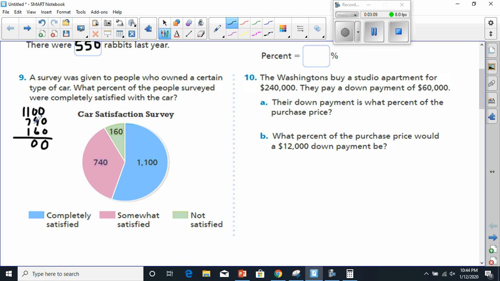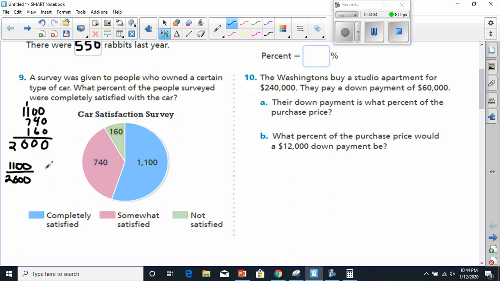So once we solve this, we realize there's 2,000 altogether. So now we know that the amount that is completely satisfied was 1,100 over 2,000.